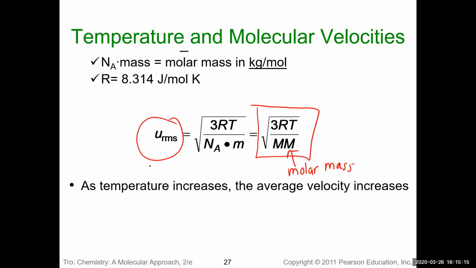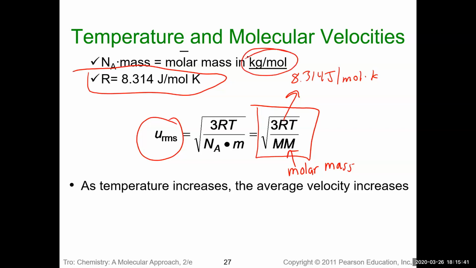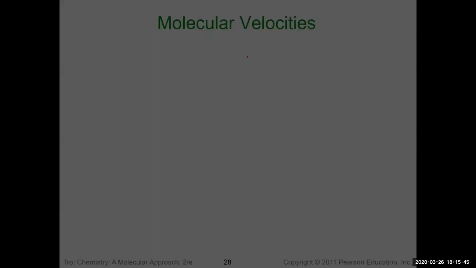The only thing is that this R is a different R. This R is 8.314 joules per mole kelvin. We have a new R, and we need to remember this new R here. And then also with our molar mass, you're going to see here, it's in kilograms per mole. So this is speed, and we'll do a couple of practice problems of these so you can see how this works.